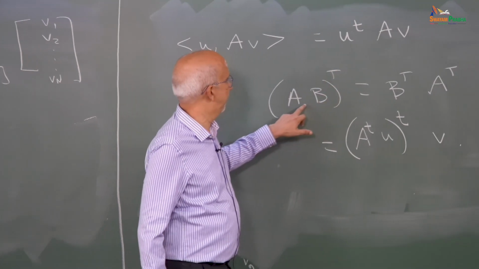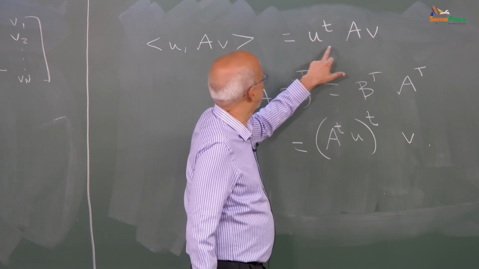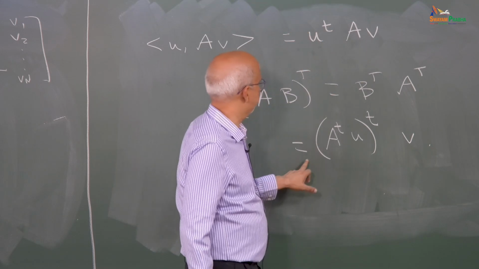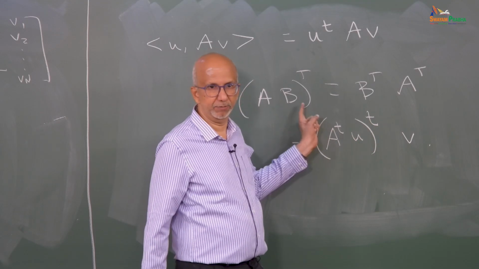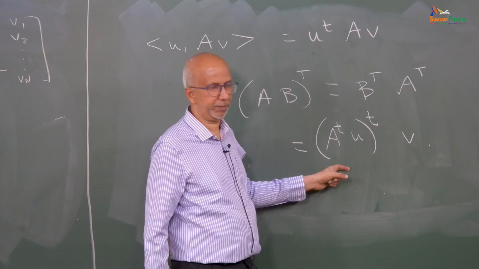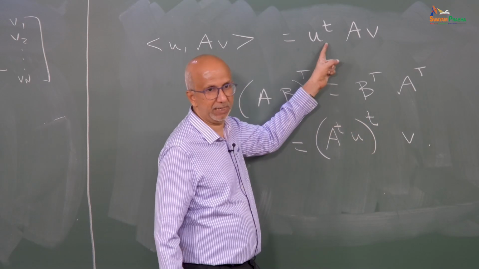So, basically this is B transpose A transpose. All I have done is the transpose of this, so A transpose u transpose, this u transpose A from this. When I do the transpose, I will get u transpose A v, the same as this.